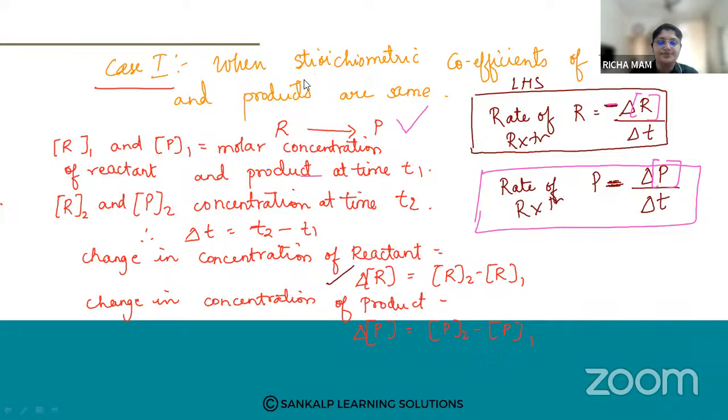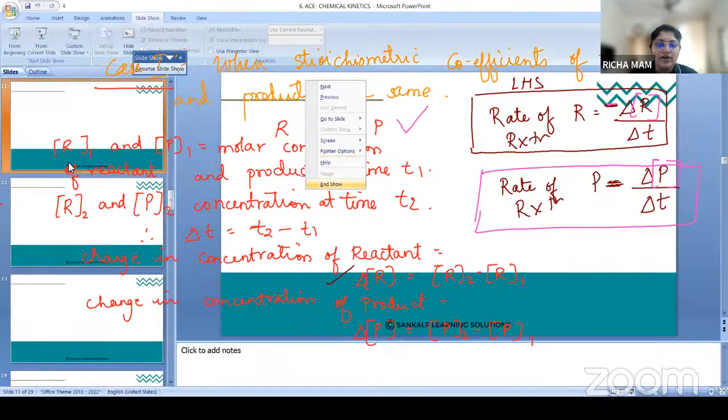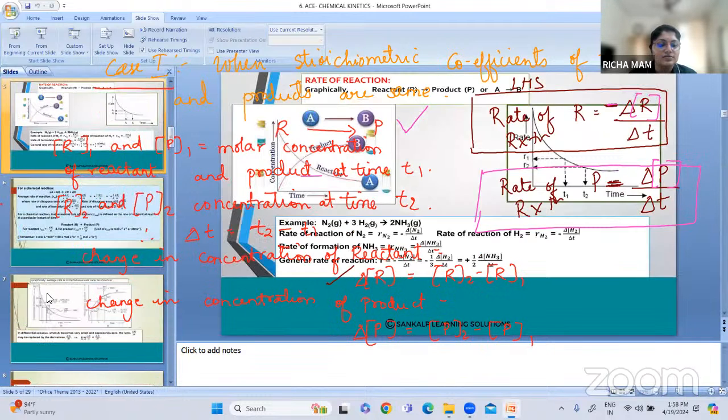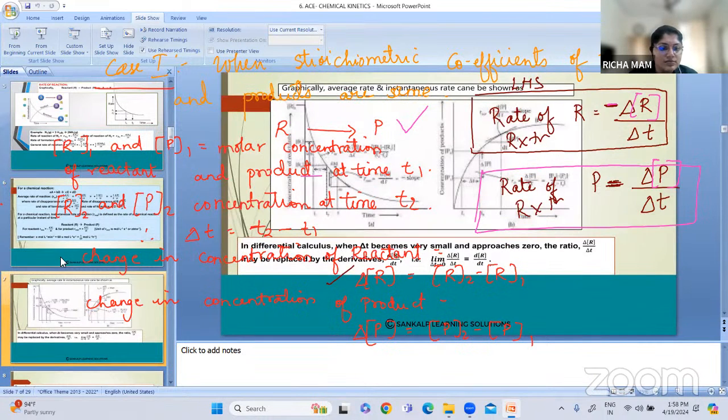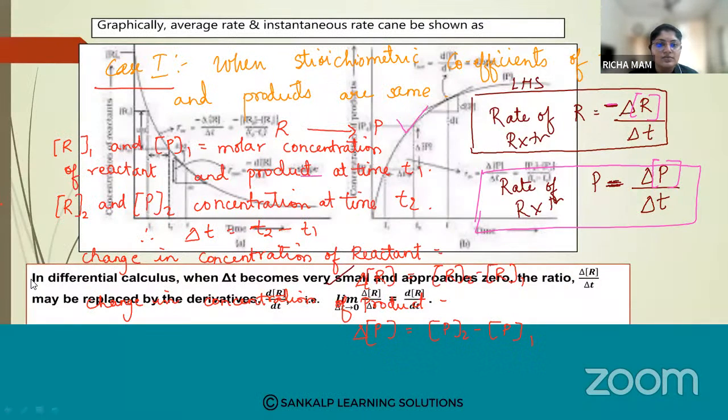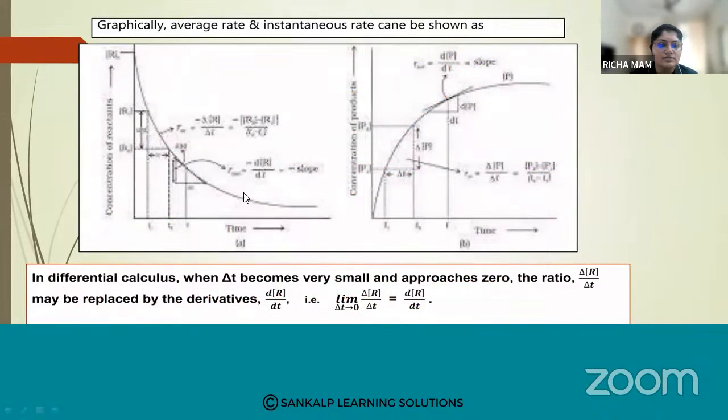So let us see the graph. This is the concentration of reactants versus time and concentration of product versus time.